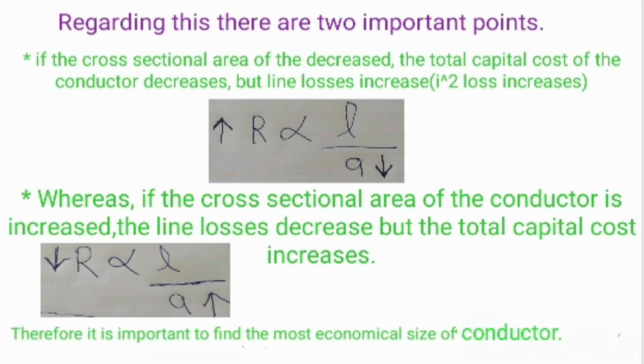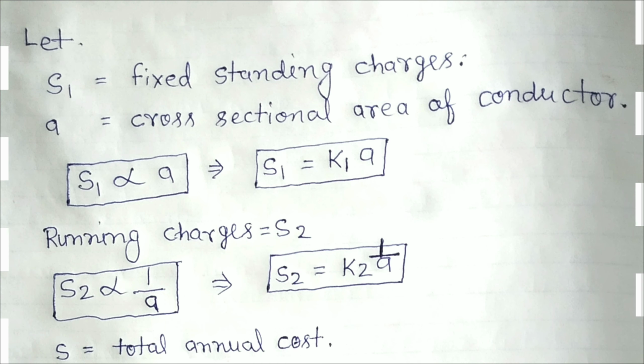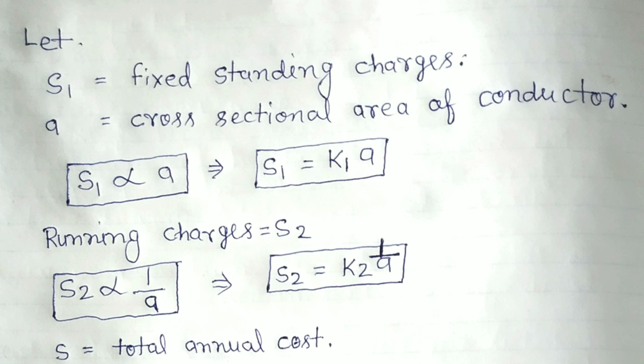Students, mathematically, we have S1 equal to fixed standing charges, A equal to cross-sectional area of conductor. Then we know that S1 is directly proportional to A, meaning fixed standing charges are directly proportional to the cross-sectional area of the conductor.